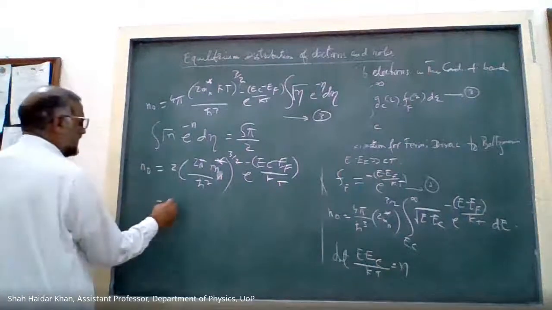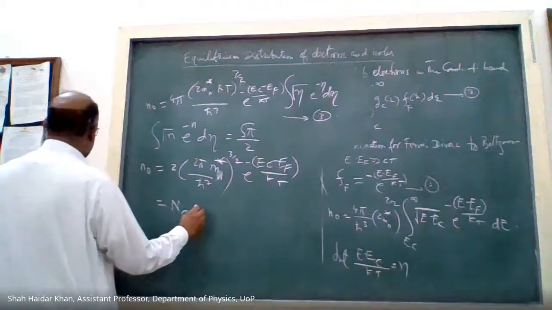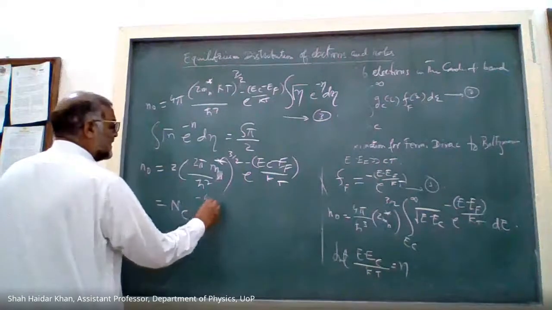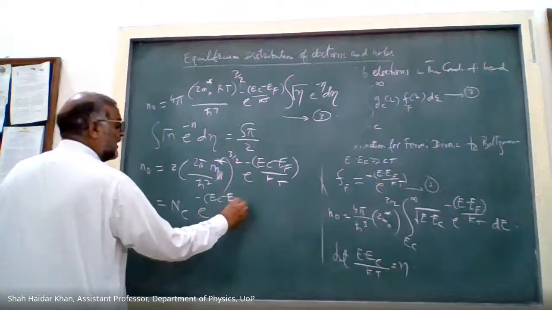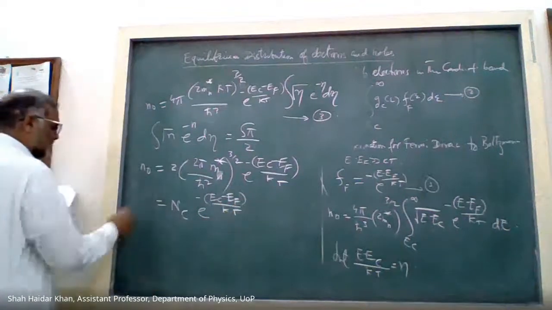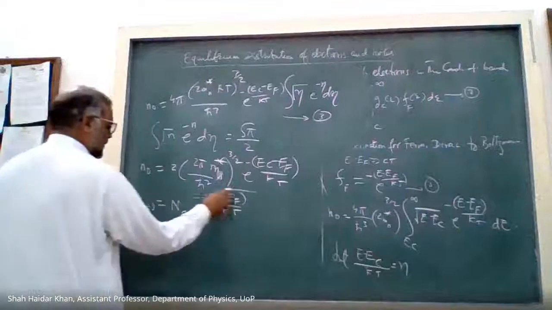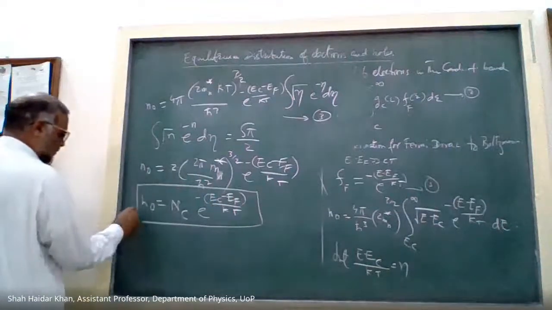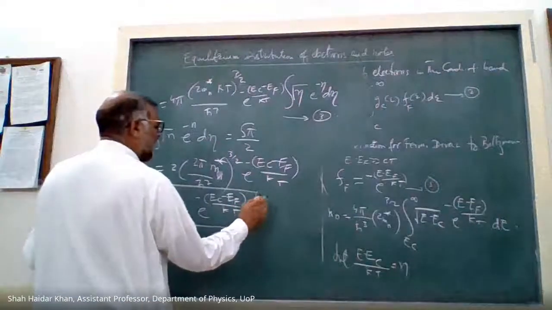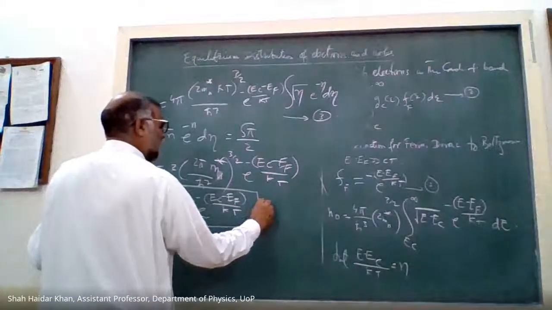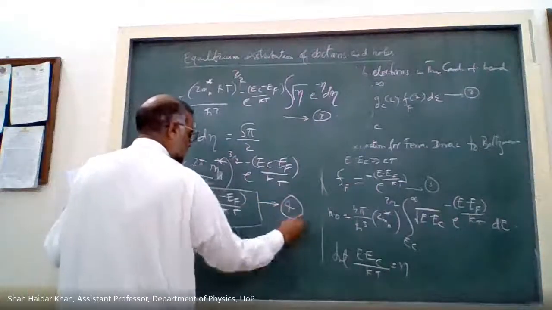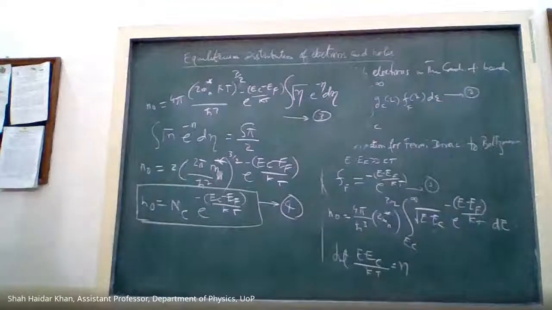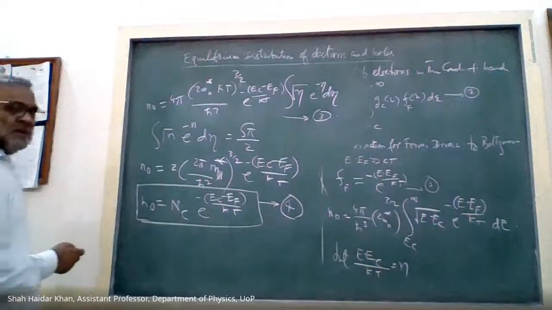So I can write this is equal to NC e to the power minus (EC minus EF) over KT.